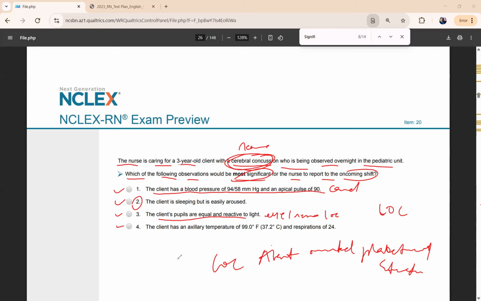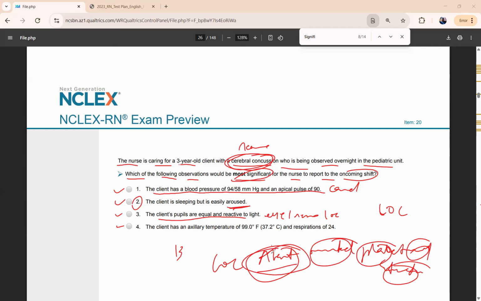Anything less than 13 is a problem. So right now, alert is good, oriented to place, time, and situation is good. That's the reason why you want to know. Easily aroused means that this patient's alertness is intact.